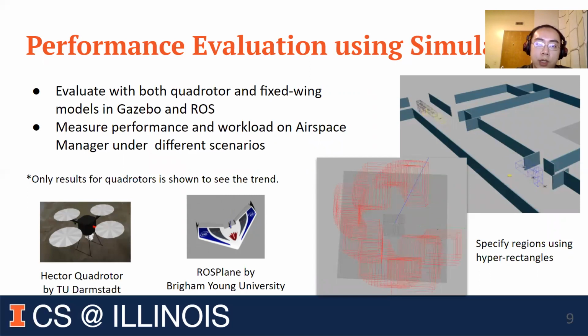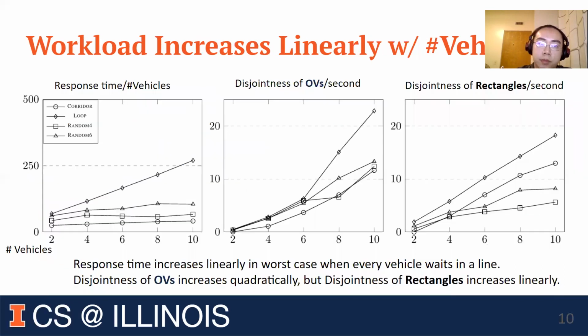We measure and compare the performance and workload on the Airspace Manager under different scenarios with more and more agents. To simplify the presentation, we only show the result for the quadrotors in this presentation, and we specify the region of space using hyperrectangles.